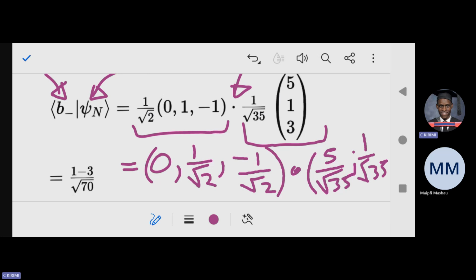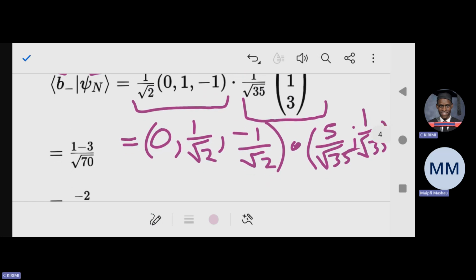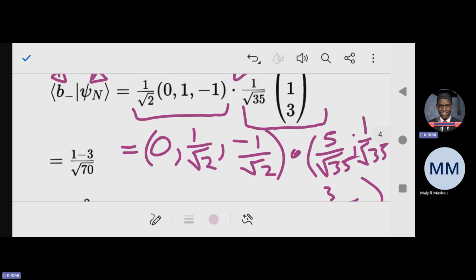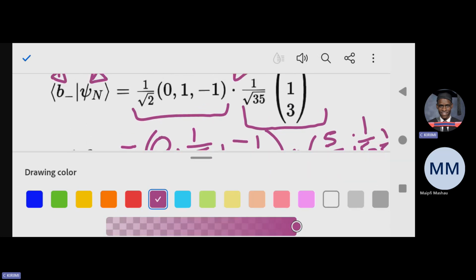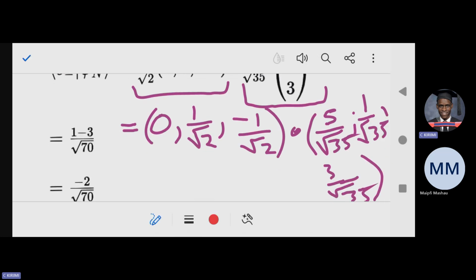Then lastly, comma, 3 over root of 35, then you close your bracket. So if you dot, you are taking the first component multiplied by the first component, plus the second component multiplied by the second component.